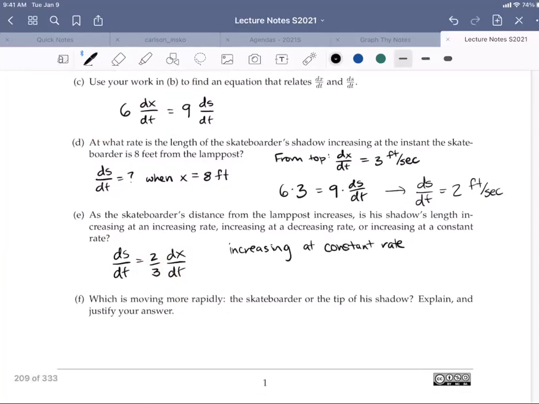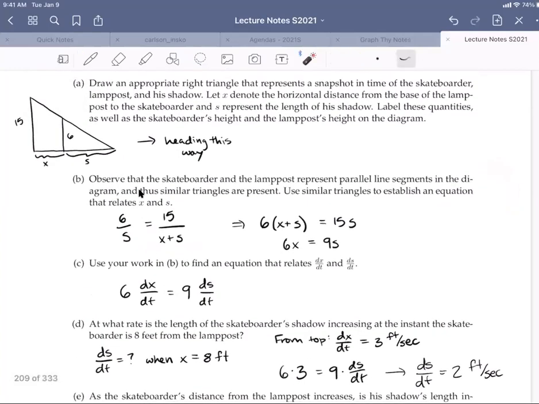What's moving more rapidly, the skateboarder or the tip of his shadow? The skateboarder was moving at 3 feet per second. The shadow is growing at 2 feet per second, but we're talking about the tip of the shadow, not the growth of the shadow. The tip of the shadow is going to be this length here. The lamppost is staying still, so if you're measuring how fast this point is moving, compare it to something staying still.